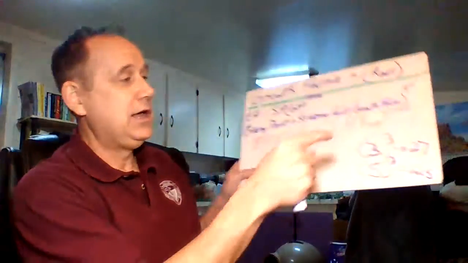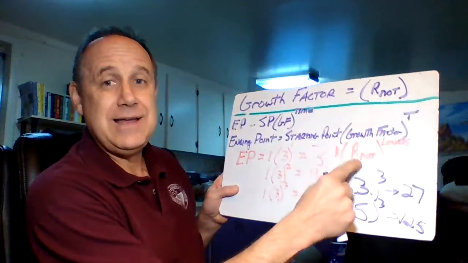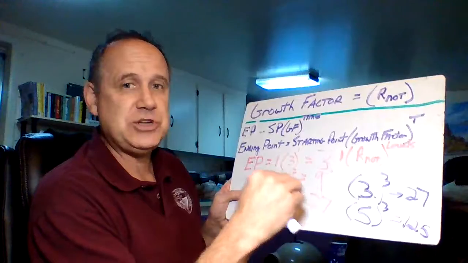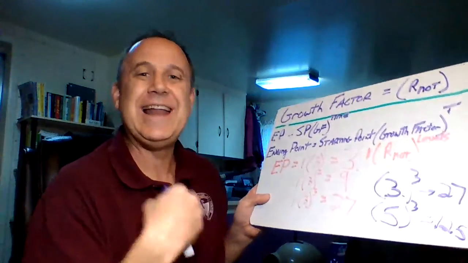All right? So what you guys are going to do is watch the video. I've laid out questions for you to answer. I have given you simple numbers to work in this formula, looking at exponential growth and how it makes a big difference in terms of what your growth factor is.